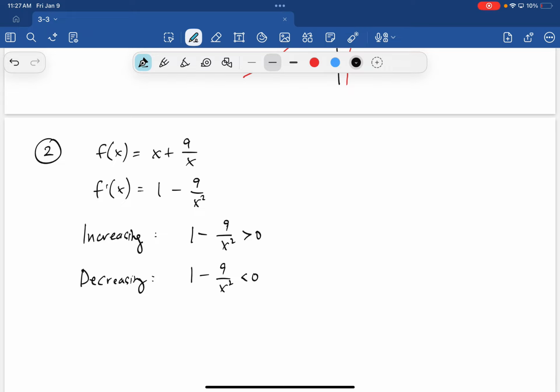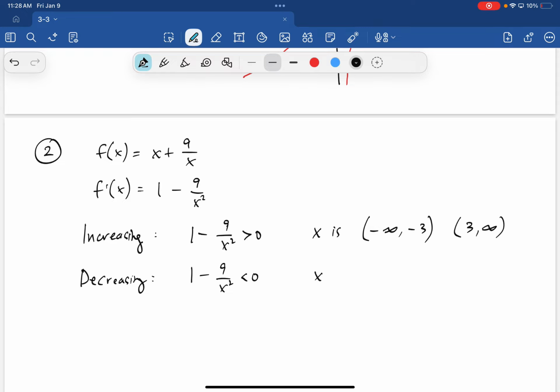So your answers should be, it's increasing when x is negative infinity to -3, and also 3 to infinity.